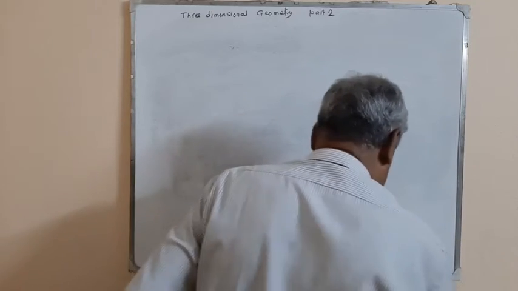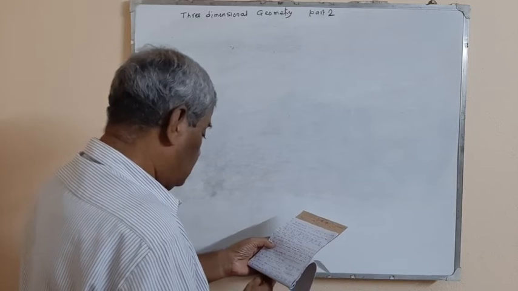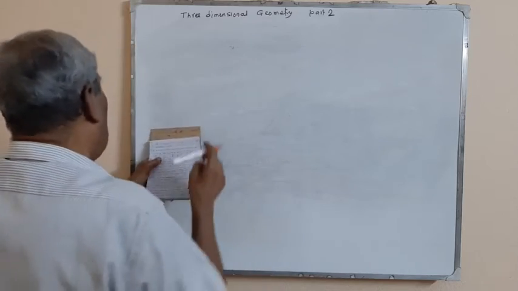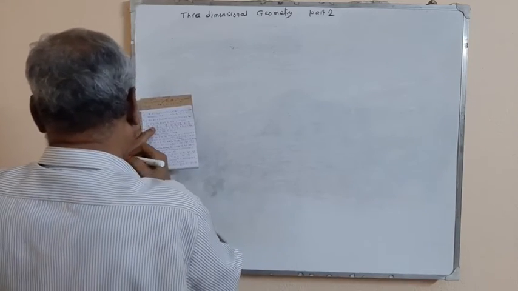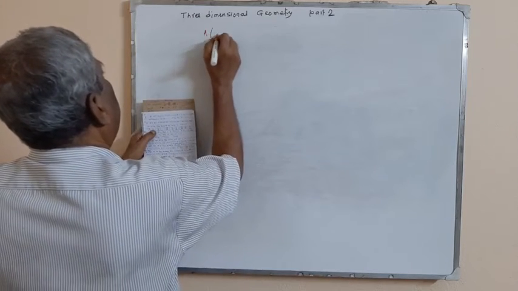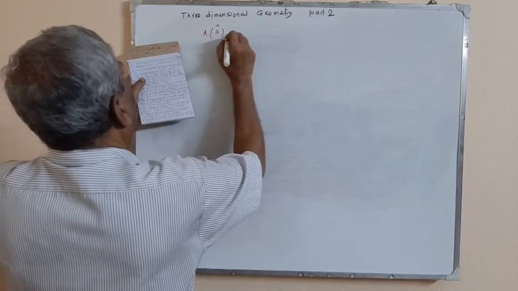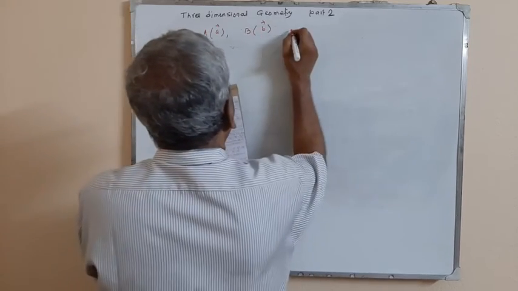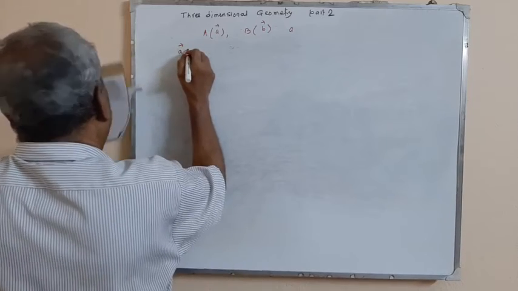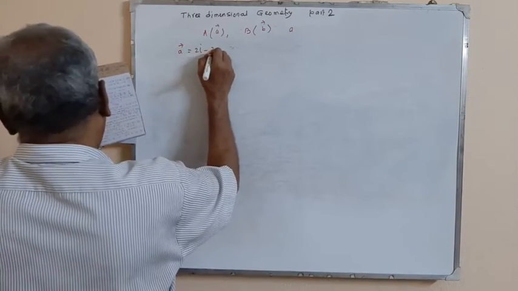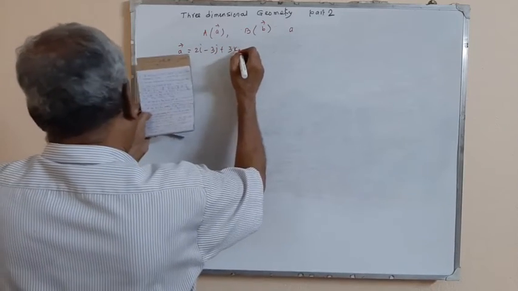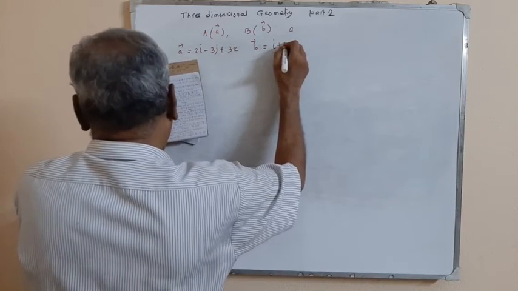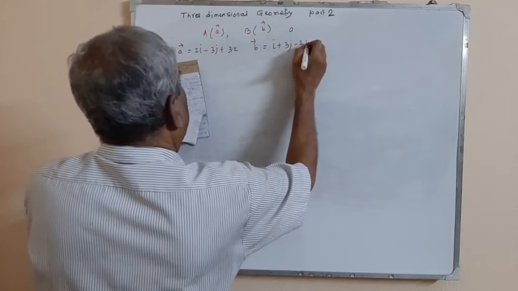Now our next problem. The Cartesian equation of a straight line which passes through a point A, whose position vector is A, and point B, whose position vector is B, where A is equal to 2i minus 3j plus 3k, and B vector is equal to i plus 3j minus 2k.